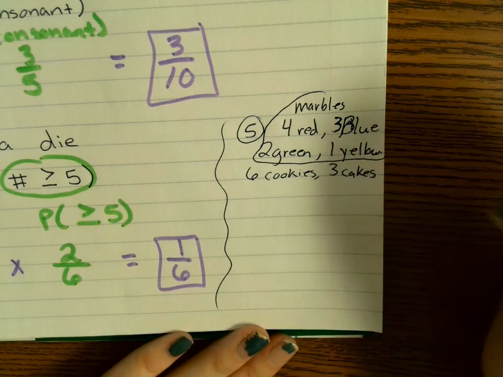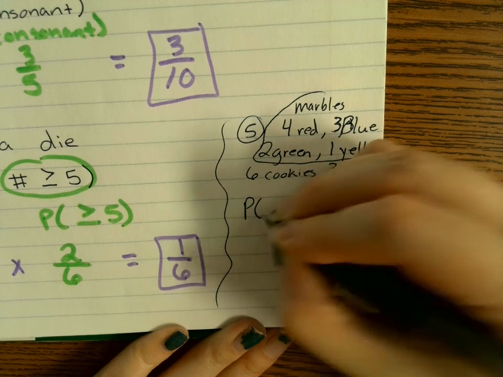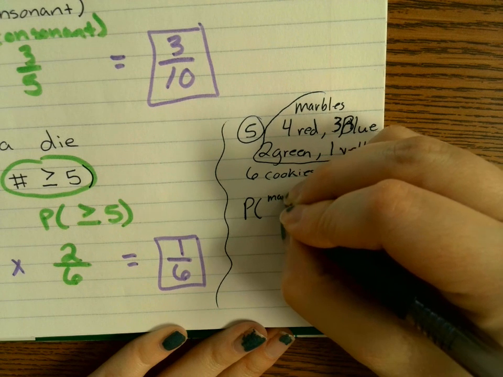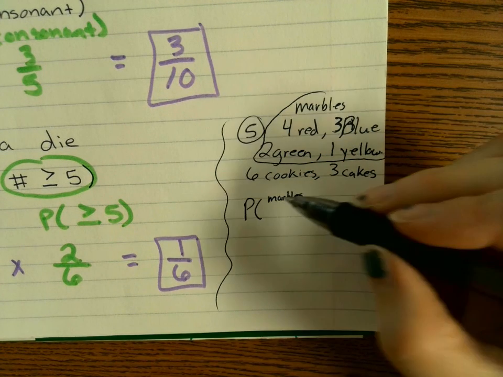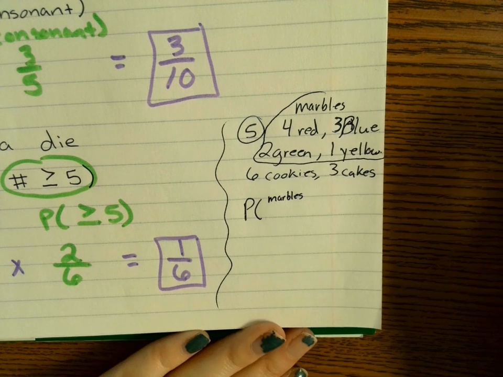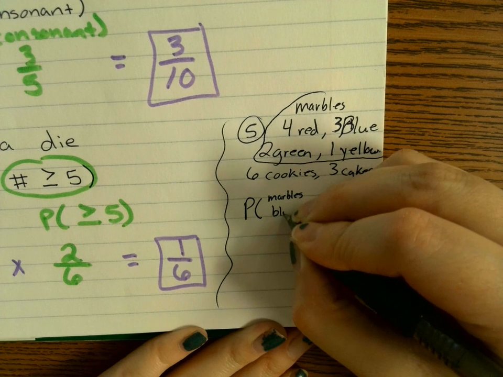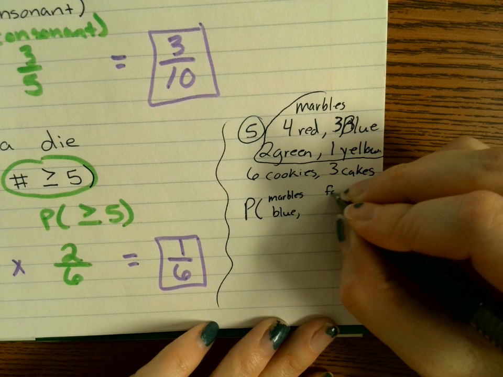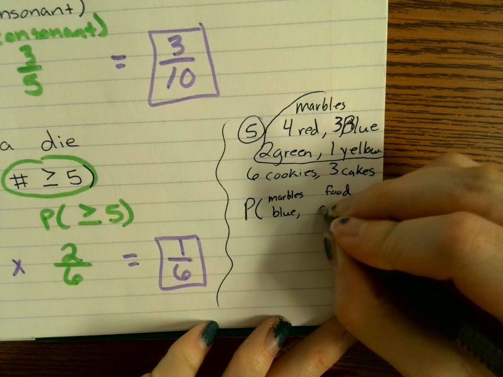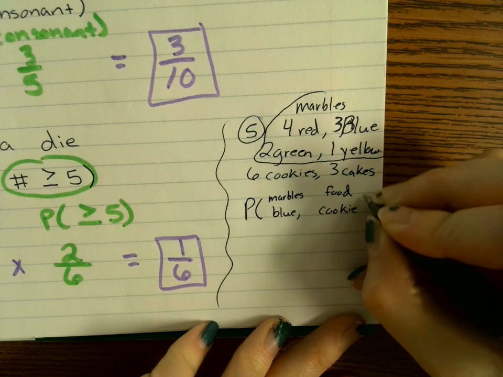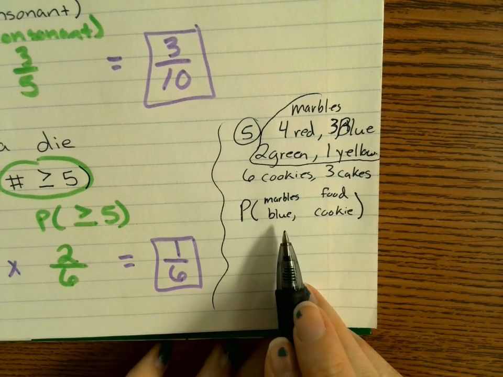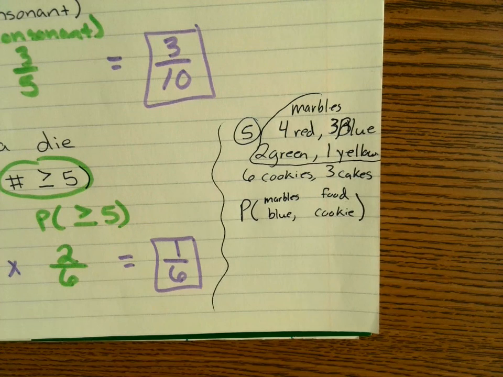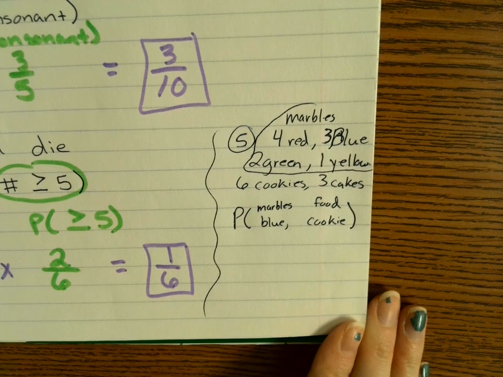So I want the probability that for marbles, I'm going to choose a blue, and that for food, I'm going to choose a cookie. I want the probability that I'm going to choose a blue marble and a cookie for my food. Go ahead and do that one on your own.